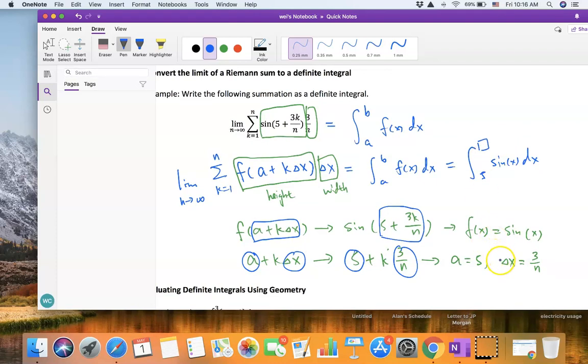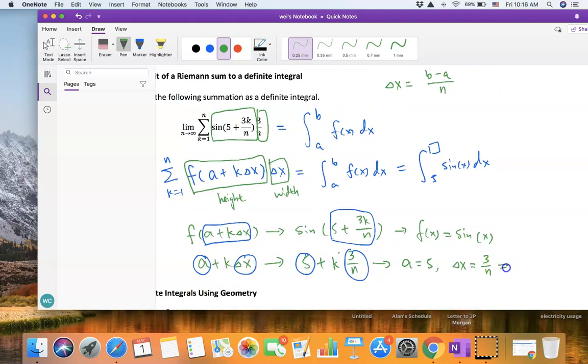So how to find b? To find b, we're going to use delta x, because the formula for finding delta x is delta x equals the difference between b and a, divided by n. Right now, since a equals pi, we wonder which number minus pi over n will be 3 over n.